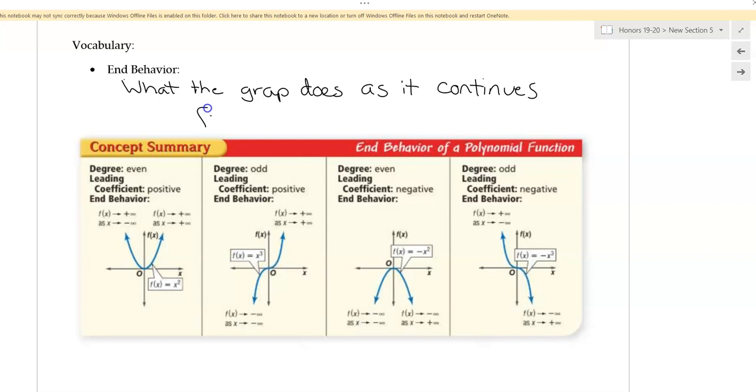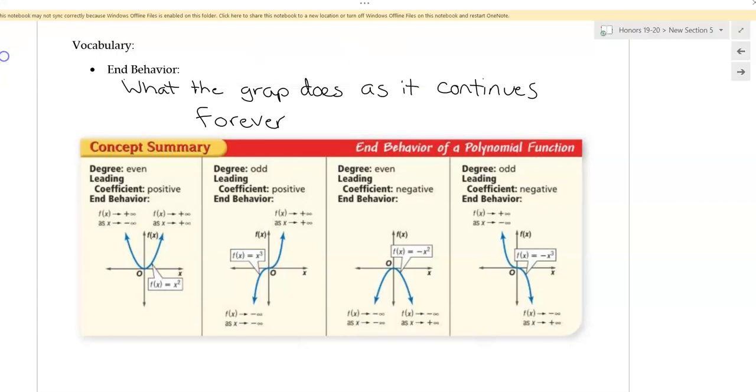So a lot of times we have all these bumps and stuff right near the middle of it. But as I zoom out more and more, all of our graphs will eventually do something forever, and that's what we call our end behavior.